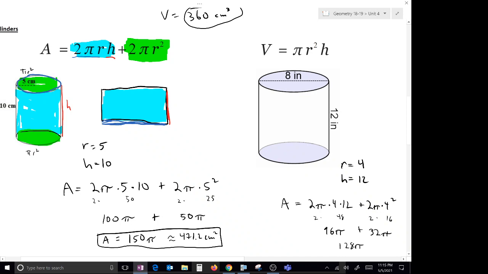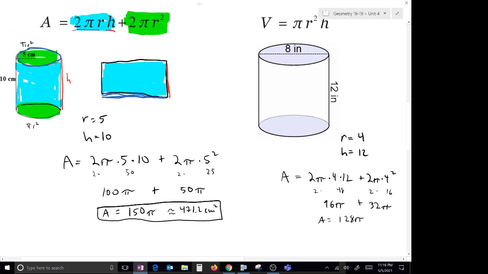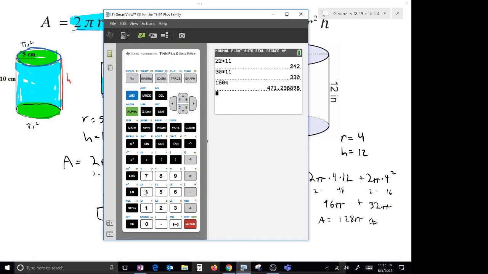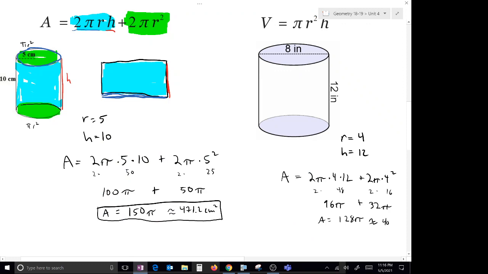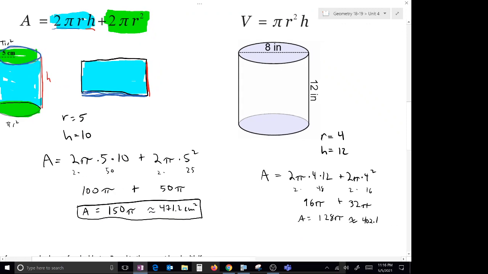So which would be my exact answer, and then if I approximate that, plugging it in, gives me 402.1, and that would be square inches.